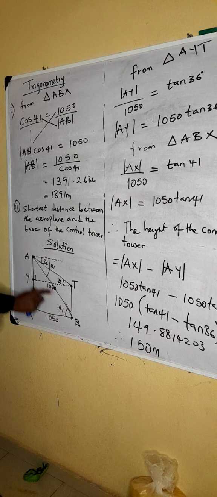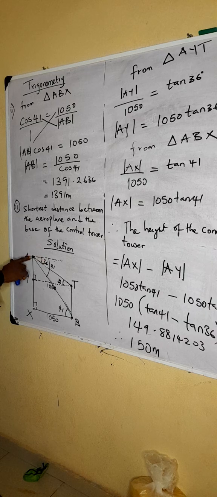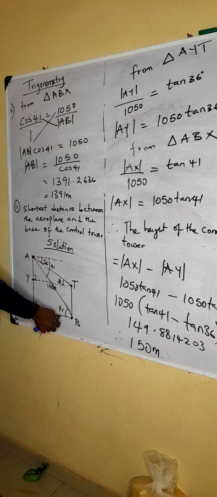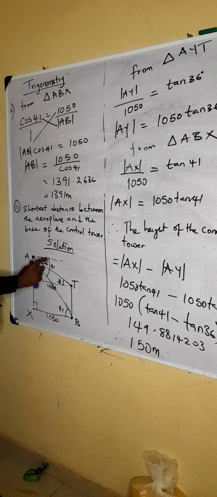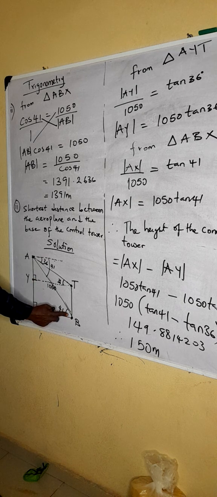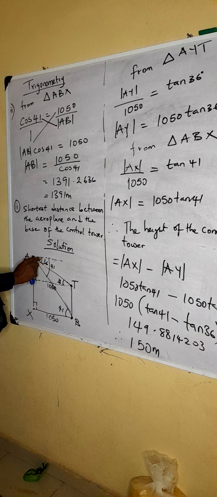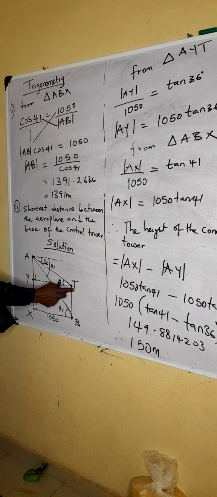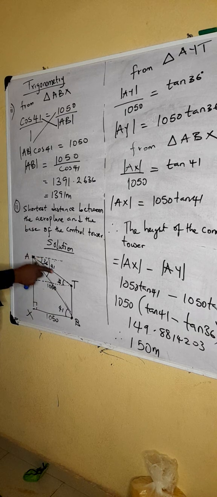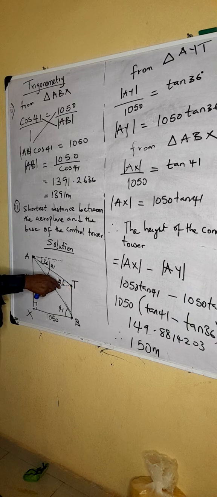So between 2 points that are not on the same horizontal level, the angle of depression is the same as the angle of elevation. So the angle of depression of the base of the tower, which is 41, is the same as the angle of elevation of the aeroplane from the base of the tower. And the angle of depression of the top of the tower from the aeroplane is the same as the angle of elevation of the aeroplane from the top of the tower.